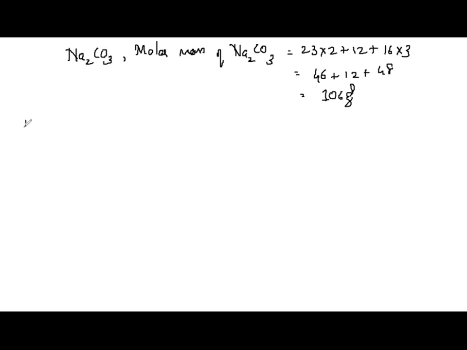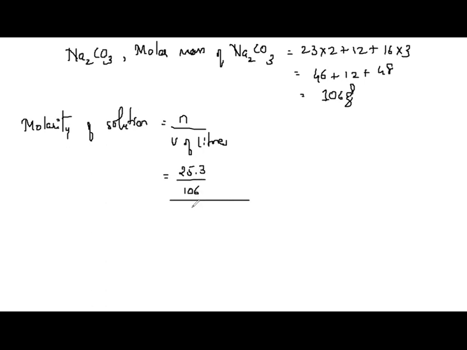So the molarity of the solution is the number of moles upon the volume of solution in liters, correct? The number of moles is not given, but they have said 25.3 grams divided by 106, the whole divided by 250 ml divided by 1000, correct?